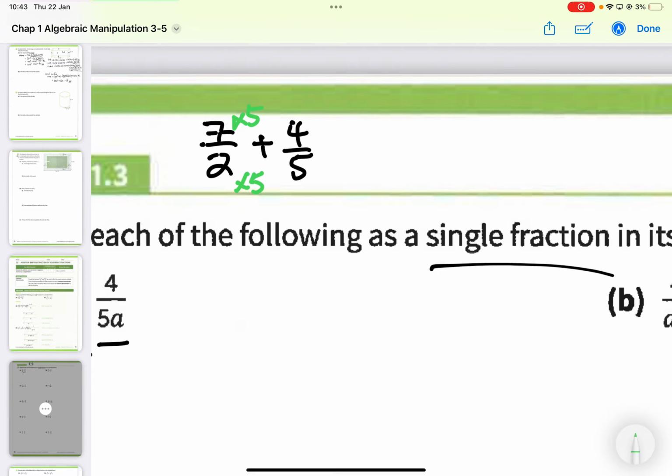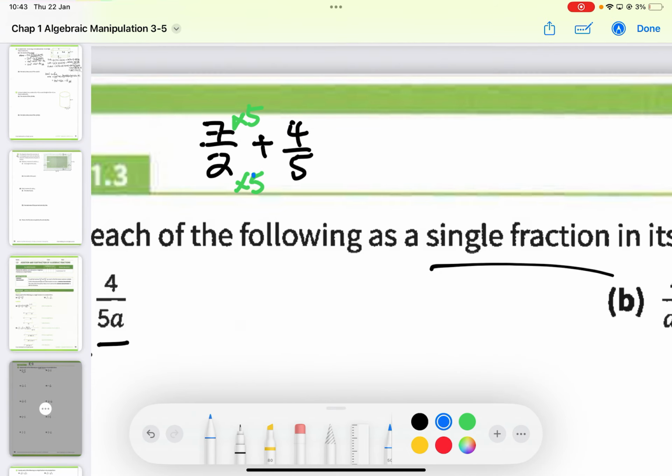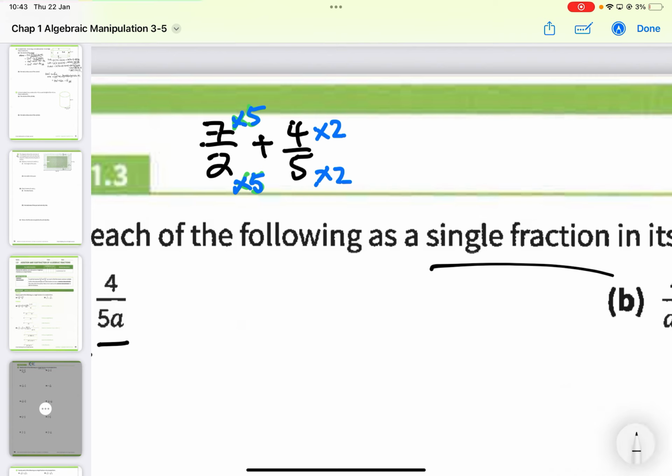So I must multiply 5 to the numerator also. Then for the second fraction, I need to multiply 2 to the denominator, which is why I multiply 2 to the numerator. Then I can write the fractions as 35 over 10 plus 8 over 10.